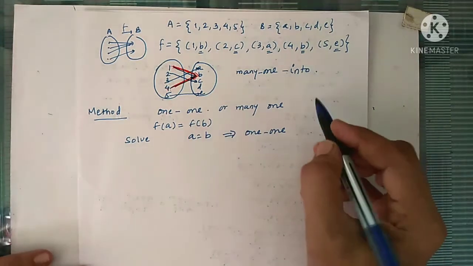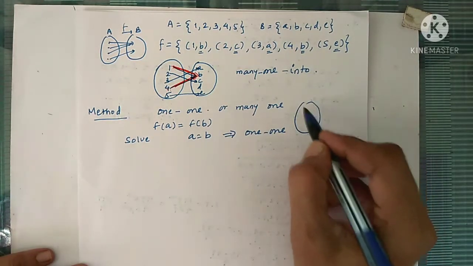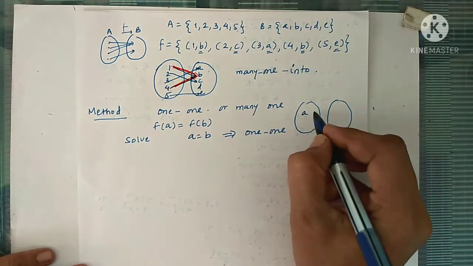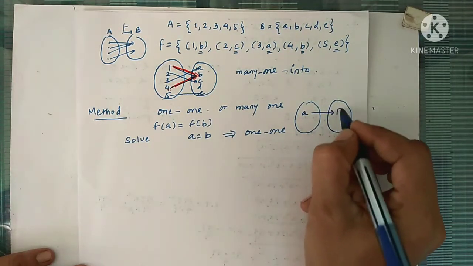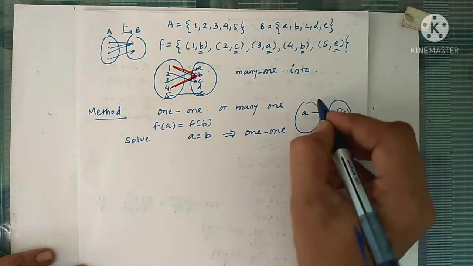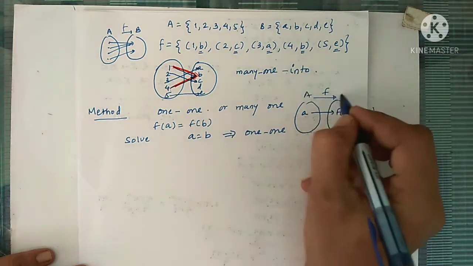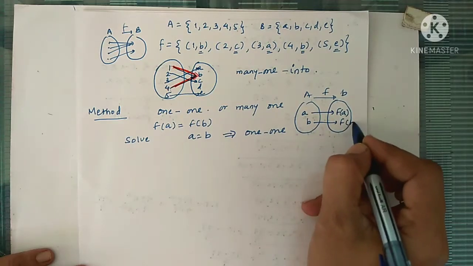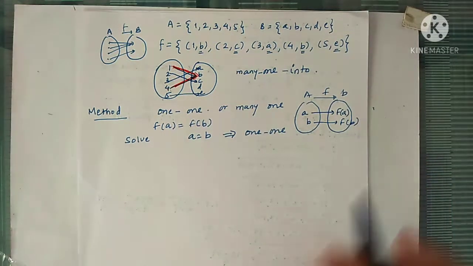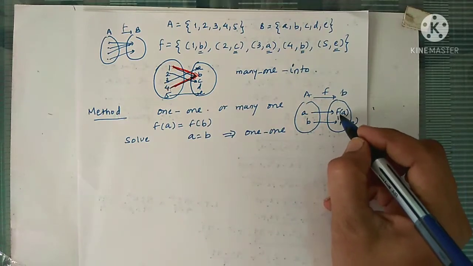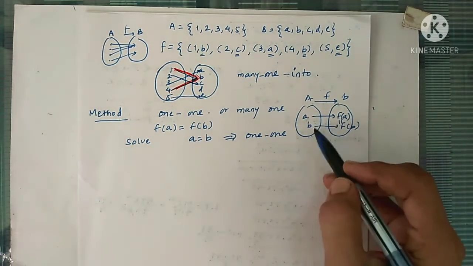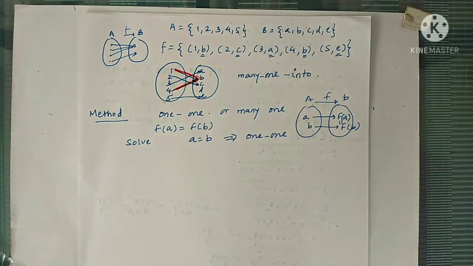Now why are we using such a method? See here, we are considering f(a) equal to f(b). But what is f(a)? It is the image of a under f. And what is f(b)? It is the image of b under f. So we are considering the images of a and b as the same.